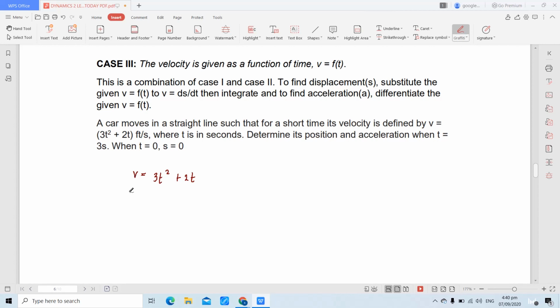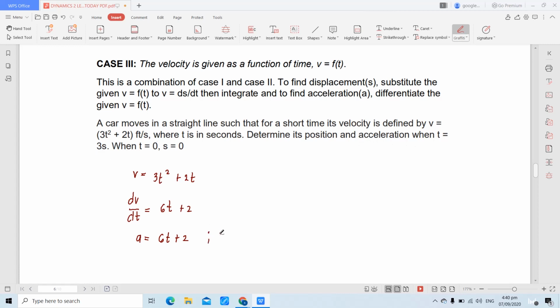Okay, differential muna tayo. Differential calculus muna. Magdi-differentiate. So, what is the derivative of velocity with respect to time? That will be equivalent to 6t plus 2. But what is dv over dt? That is acceleration. So, a is equivalent to 6t plus 2. Anong kinukuha? Determine the acceleration after 3 seconds.